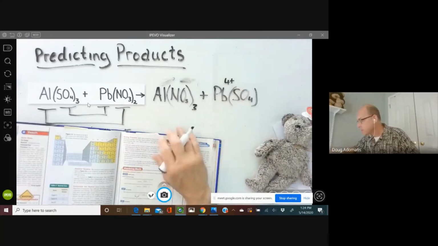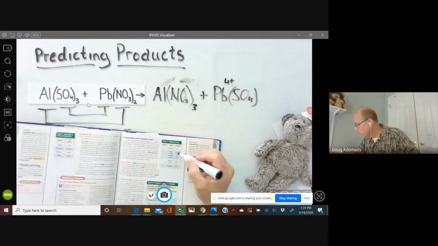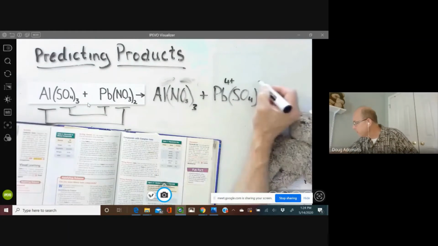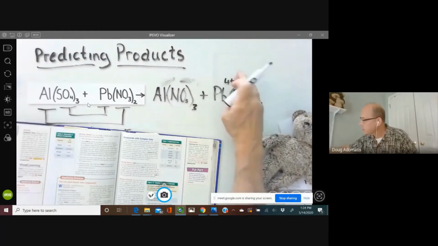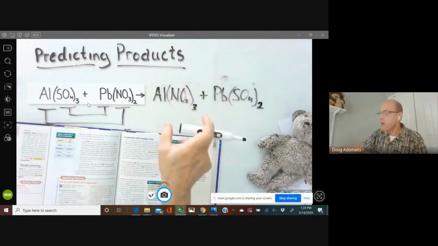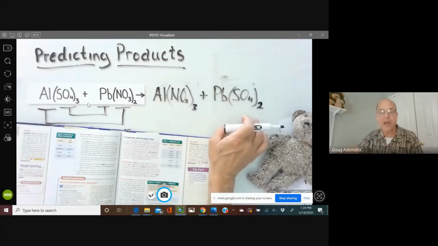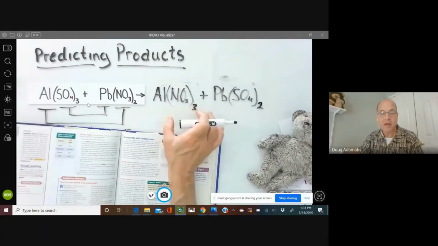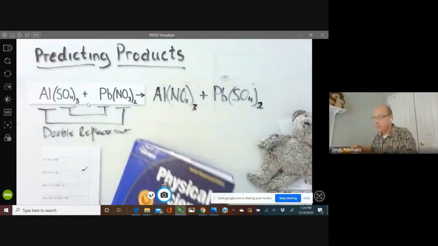And sulfate, SO4, is a 2 minus. So you're going to need 2 of those to match up with the lead there. Okay. So I formed my compounds. After I predicted my products, you have to form the compounds correctly by writing the subscripts. Okay? That's the other step in that, right?